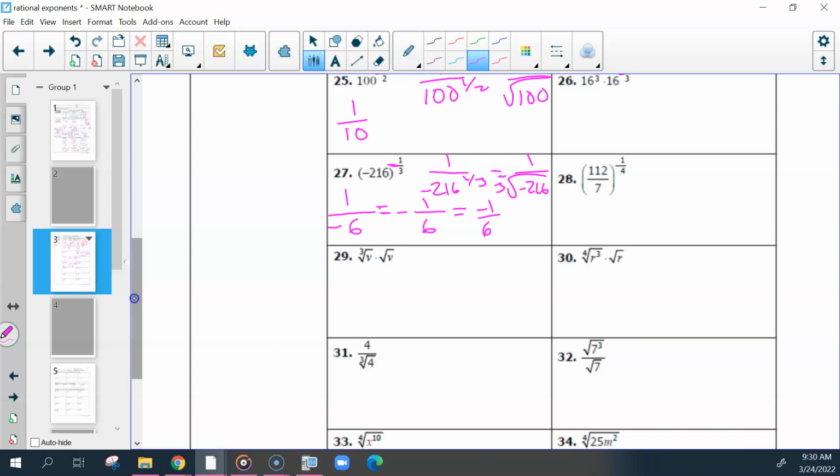Yeah, that would be your final answer, negative 1/6. Other questions on that one?